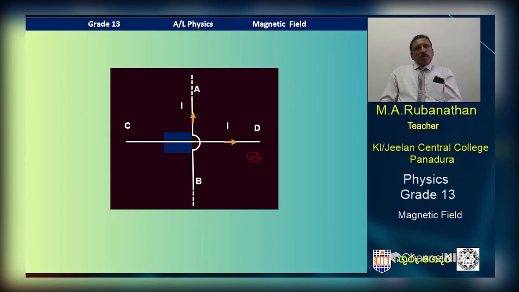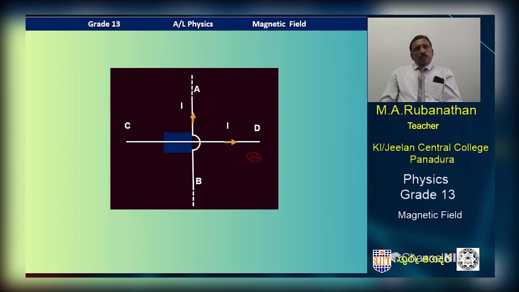Again, take your left hand. Because this conductor CD is placed in the magnetic field due to AB, there is a force acting on the conductor CD. So take your left hand and find the direction of the force.